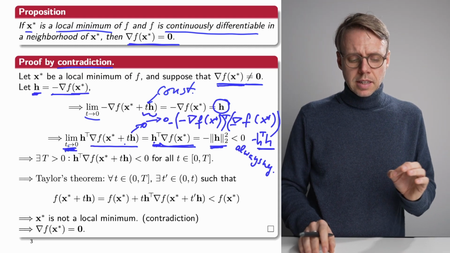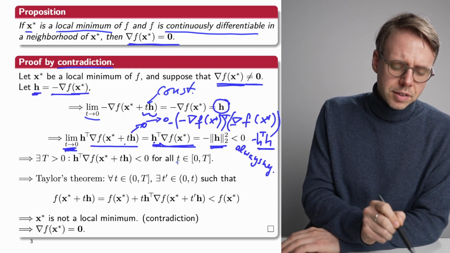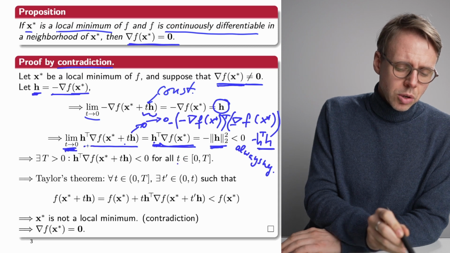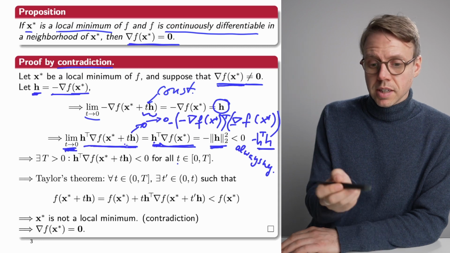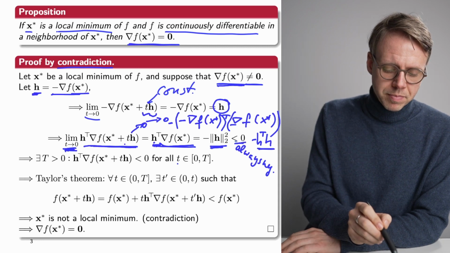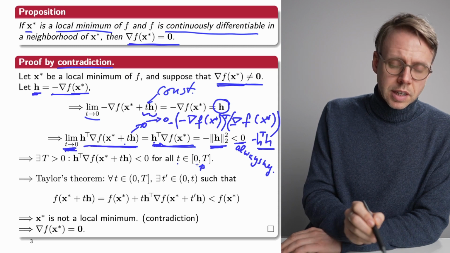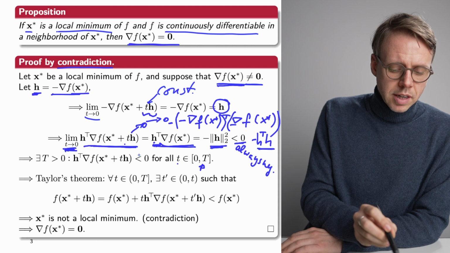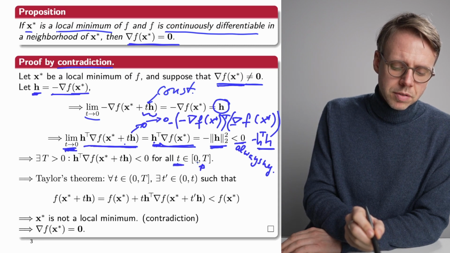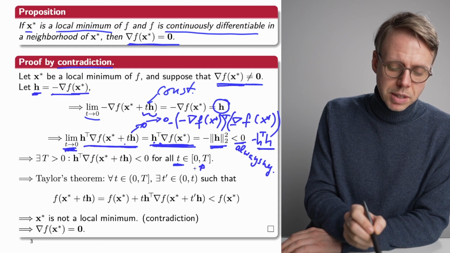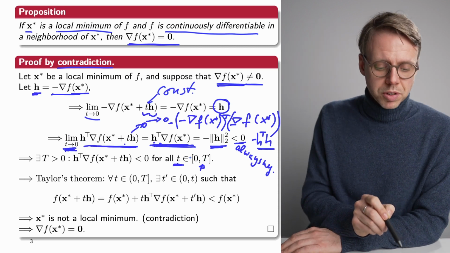That means that somehow there needs to be a very small t where this holds, that the product of h and this gradient at this point x star plus th is smaller than 0. Thus, there should be an upper bound capital T such that for all t between 0 and this upper bound, the last statement holds.